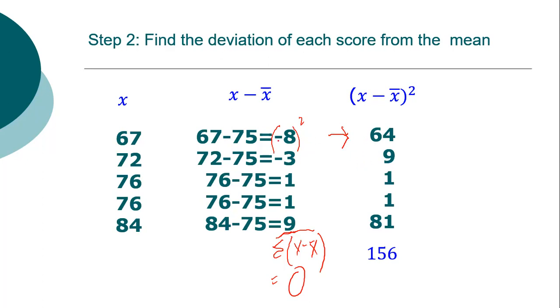So mapapansin nyo yung negative magiging positive, right? 1 raised to 2 is 1 pa rin. 9 raised to 2, it becomes 81. And if you get the summation of this, that will be equal to 156. So this is the Bacoor shop. Let's take note that this is the Bacoor shop.